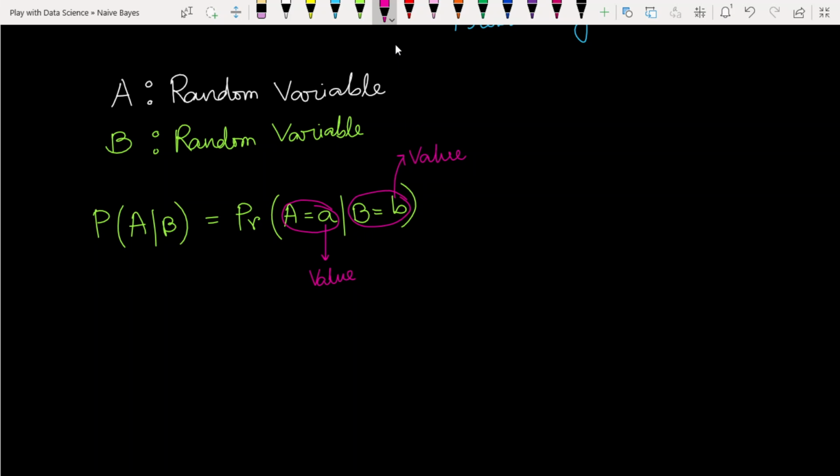If you read this in English, what does it mean?